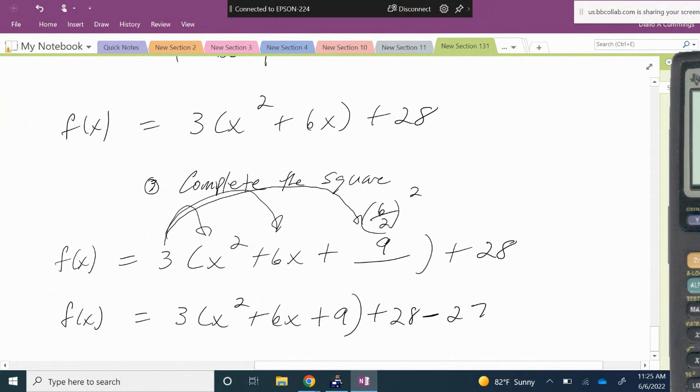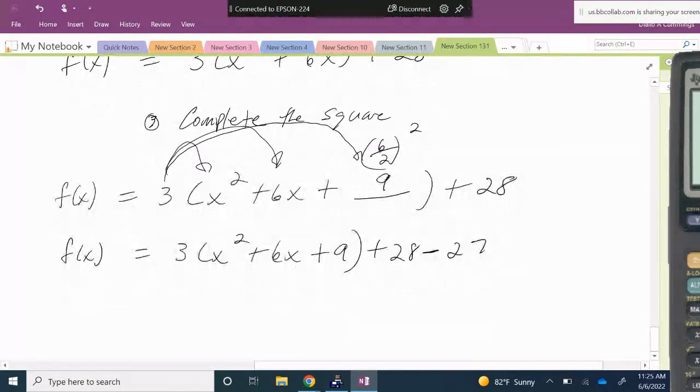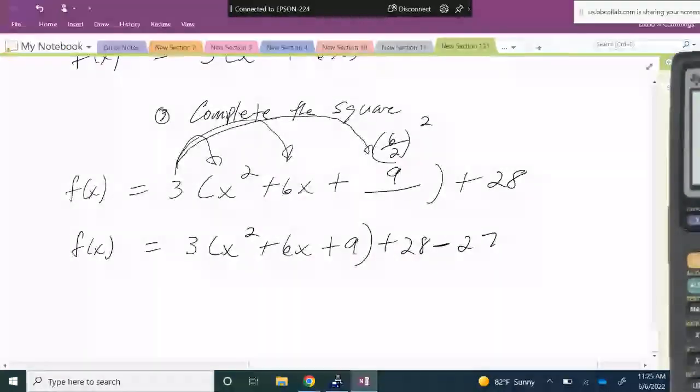Is everybody okay with that? So notice now, I didn't just add 9 to both sides. I added 27 because 9 times 3, once you distribute, gives you 27. So I added 27 to the left-hand side, and then I subtracted the 27 to move everything to the right-hand side.